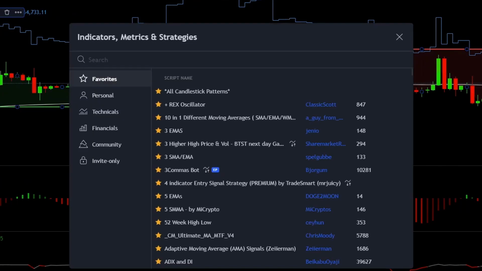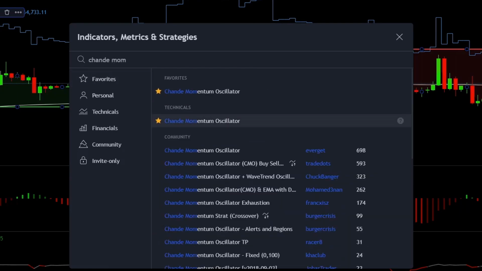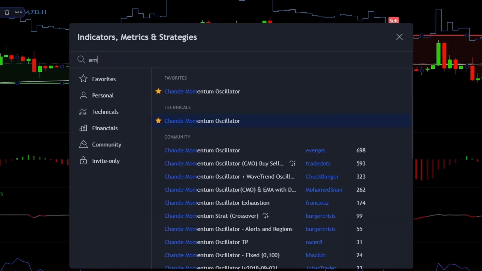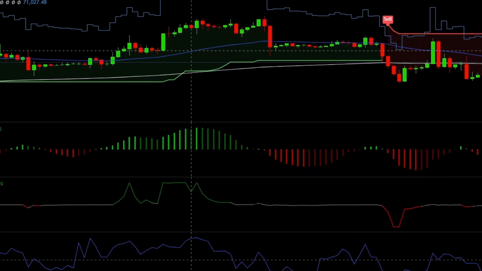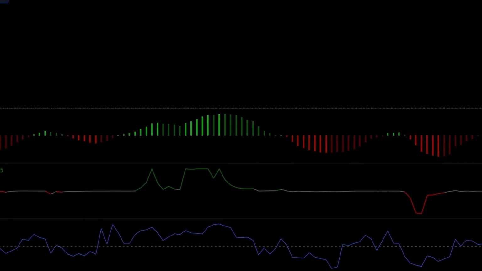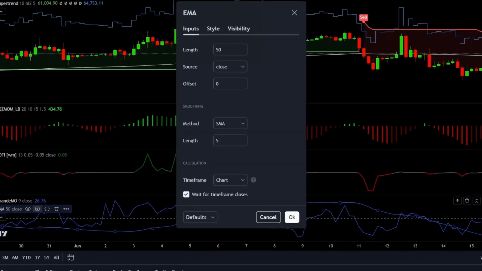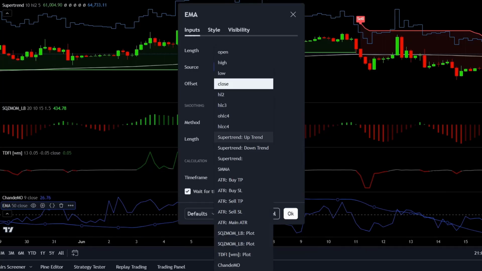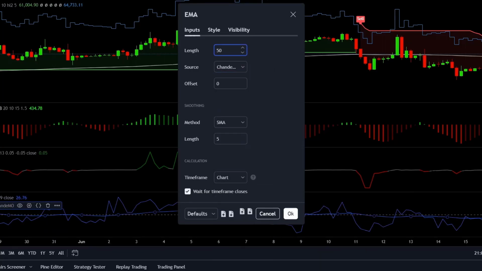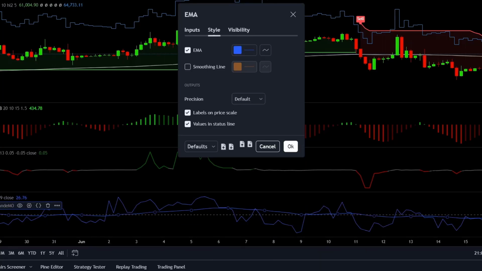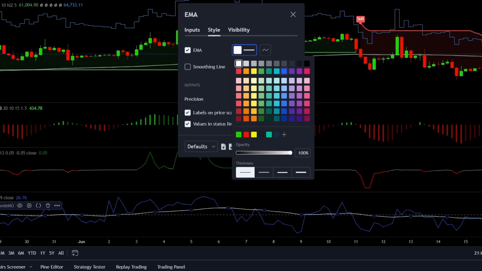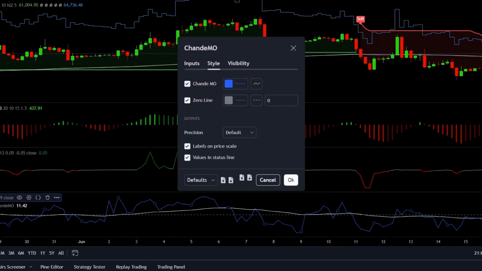And finally, you could use one of my other favorite indicators, the ChandeMO, this one with an EMA. Click on the EMA and pull it down until you reach the ChandeMO, then release it. Then go into the EMA settings, change its source to ChandeMO, and its length, for example, to 50. I also change its color to white, and then open up the ChandeMO settings.